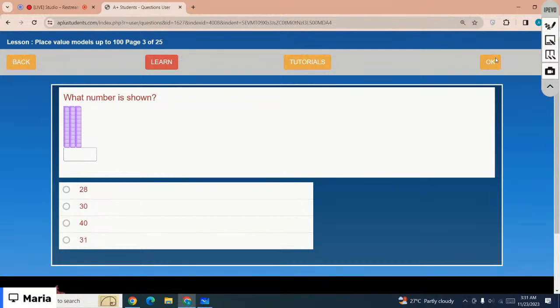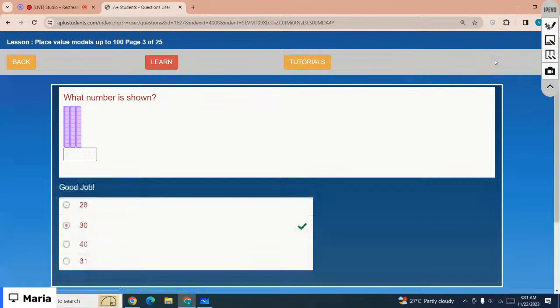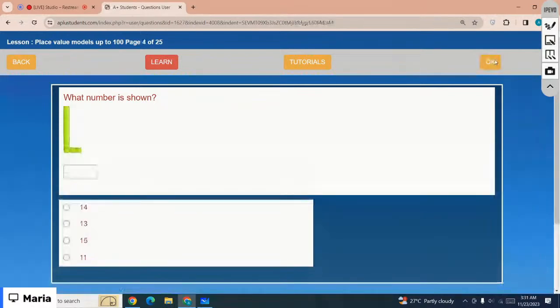It is 30, right? You have only three lines that represent the 10. You have no ones, right? So that would be 30. The correct option is 30. What number is shown? Which is the correct option?